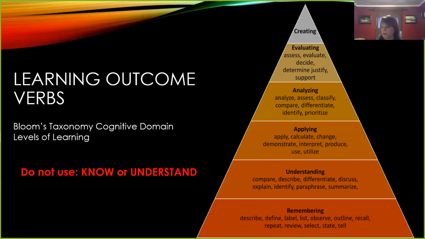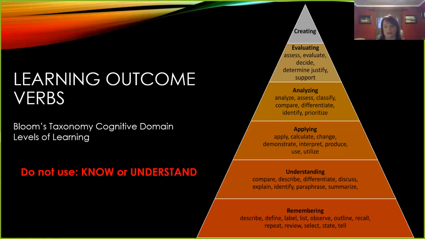And then within the pyramid here, there's a list of verbs. And these verbs help you write learning outcomes. If it's just information, then you would start with words like compare, describe, define, list, outline, recall. Sometimes it becomes a game of thesaurus.com, so that you don't use the same word over and over again.